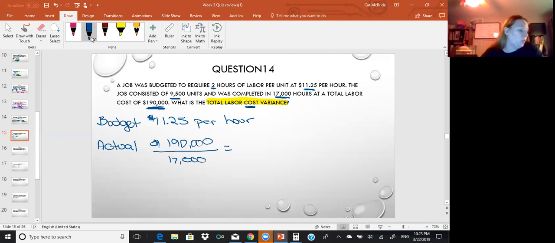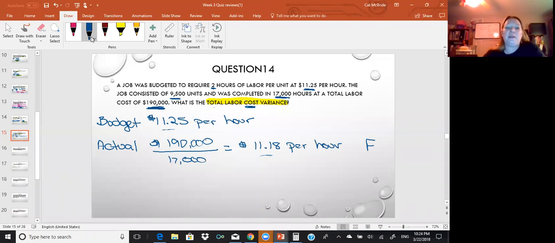So my actual amount that I paid per hour is $11.18 per hour. So right there, do I have a favorable variance or an unfavorable variance? I planned to spend $11.25 per hour. I actually spent $11.18 per hour. Favorable. I know I'm going to have a favorable variance.